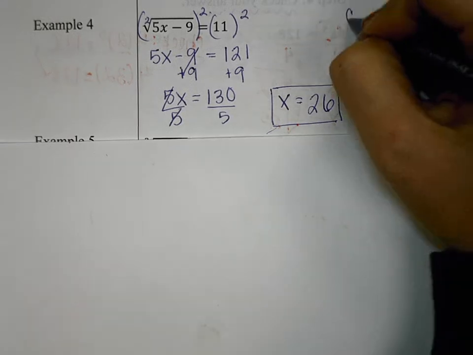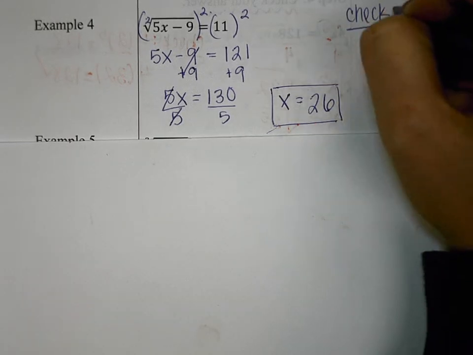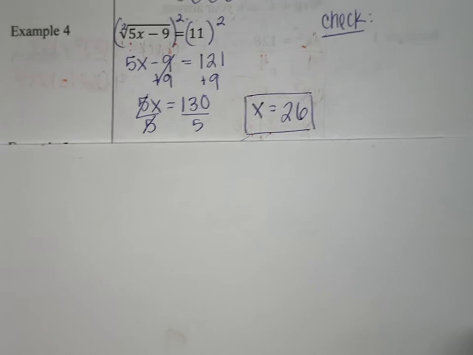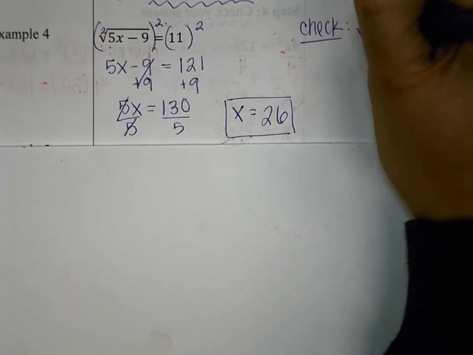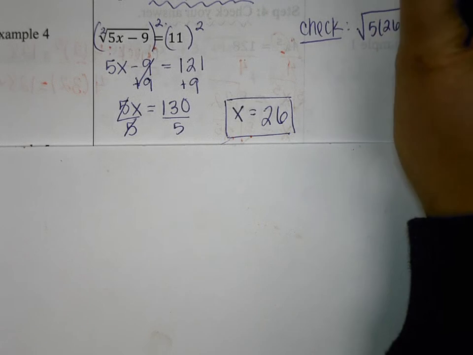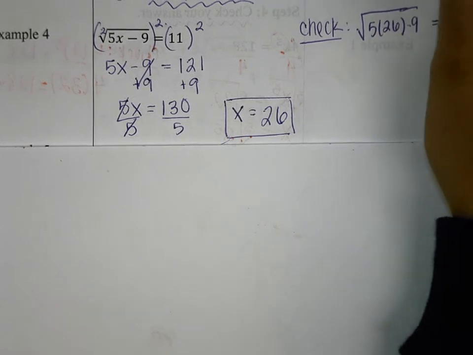To check my answer, I would plug 26 back in for x. So let's just do a quick check of this one. I'm taking the square root of 5 times 26 minus 9, and I want that to equal 11.